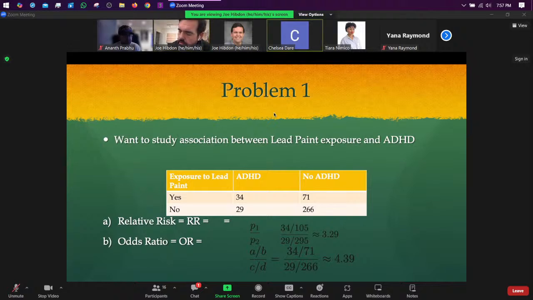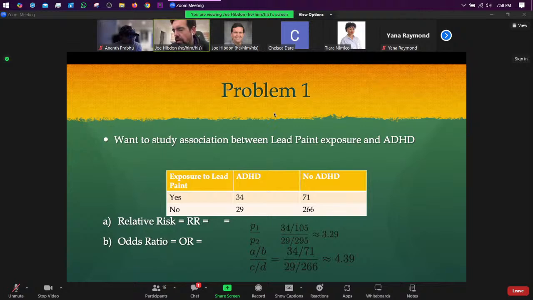We can think about this as population 1 equals 3.29 times population 2. So if I have 100 people in population 2, then I'm going to have 329 people in population 1. Because it's larger than 1, is it significant, or is there a strong association? There's a strong association, yes.